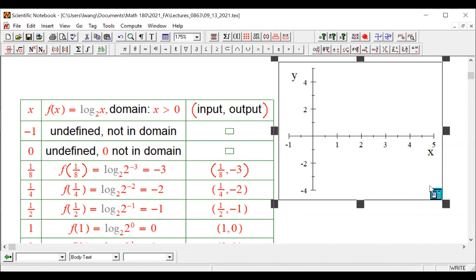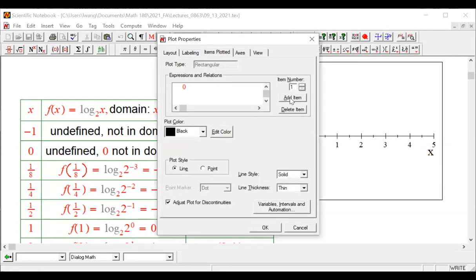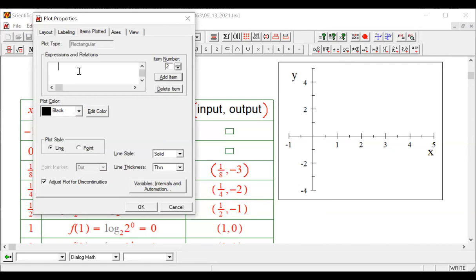Have you guys started? So for this new rule, we're going to plot points. Okay, we have 7 minutes left. So let's try to get this done just a little bit faster.